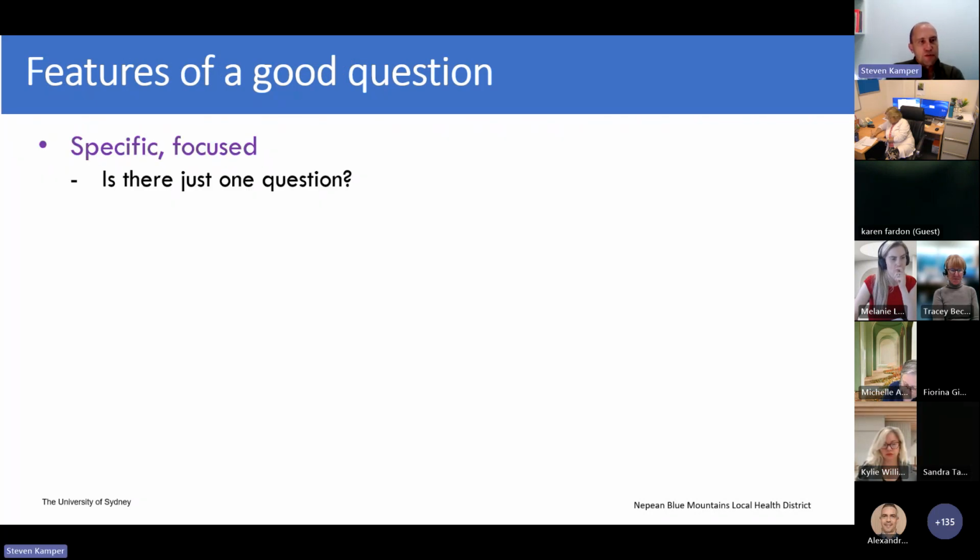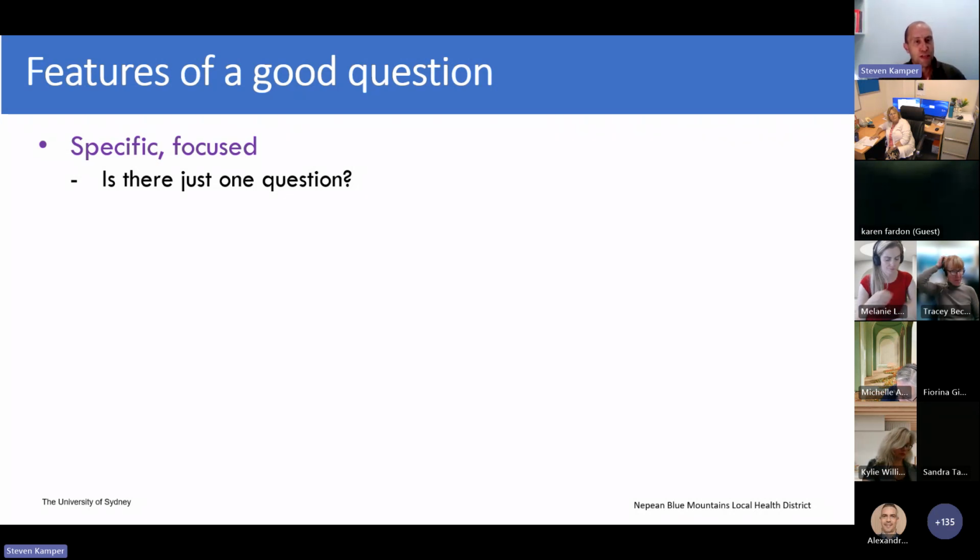One of the things that often happens with questions is they're not focused enough, and often within a question that's too broad, there are lots of little questions hiding. That's a problem for the research methods. You will not get a good answer to a very broad question, or a number of questions, with one study.